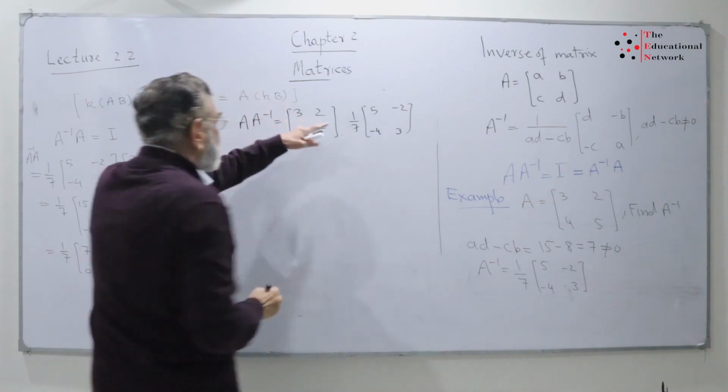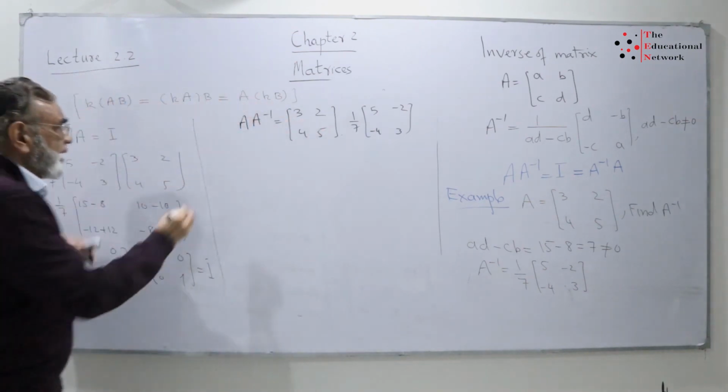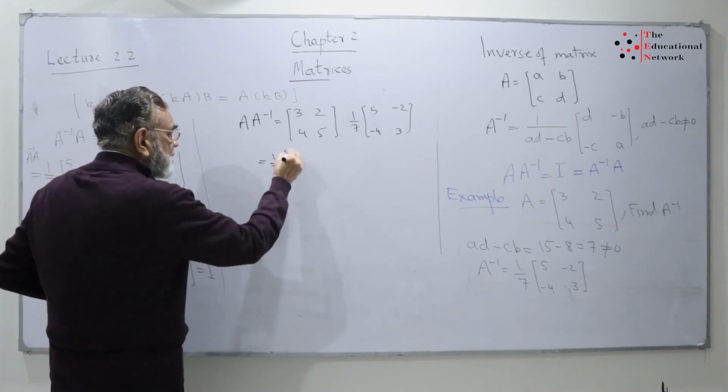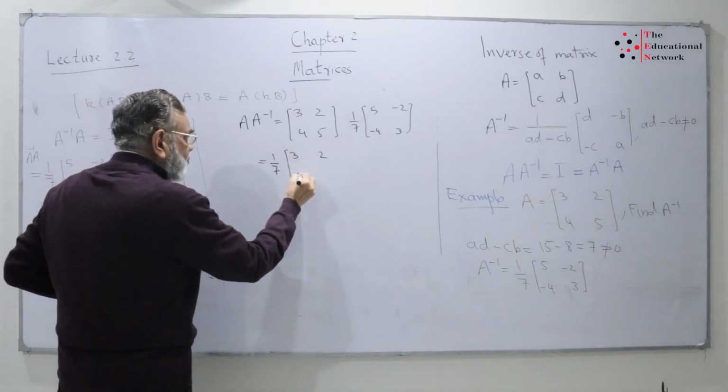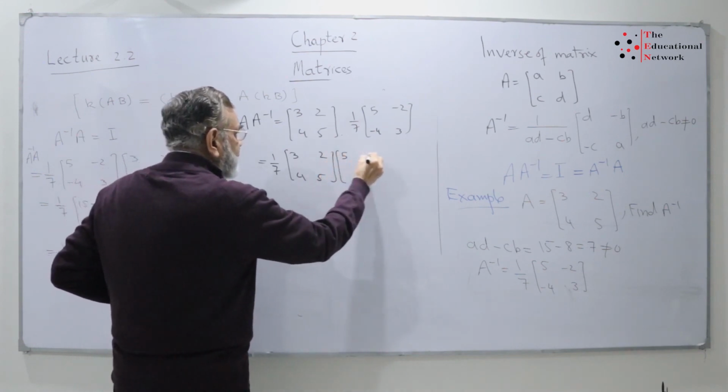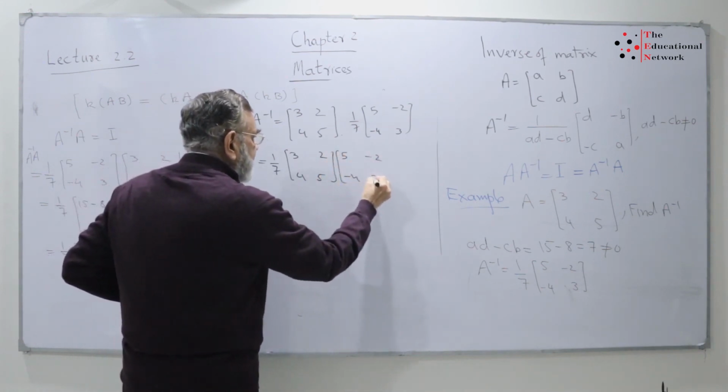As we say, K is a scalar we can write anywhere we like. We write it outside, and we get 1 upon 7 times 3, 2, 4, 5 multiplied by 5, minus 2, minus 4 and 3.